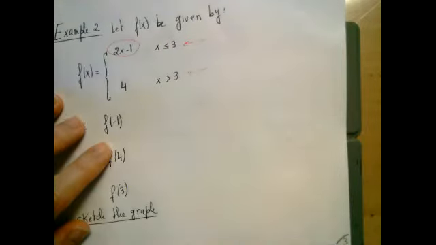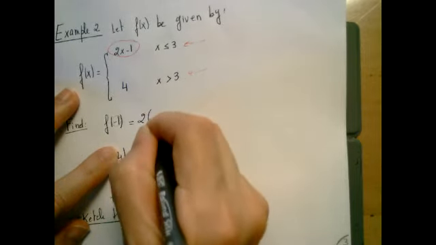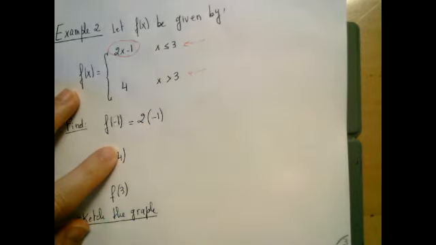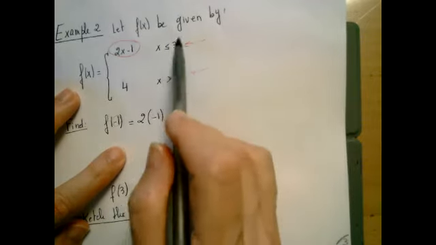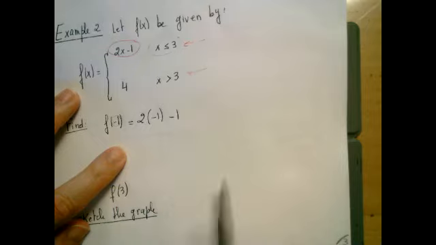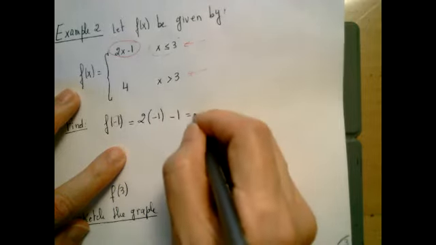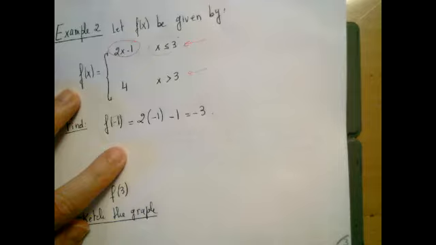So what is f of minus 1? It's 2 times minus 1 minus 1, because at minus 1 my input is less than 3. That's the formula I use. So this gives me minus 2 minus 1, which is minus 3.